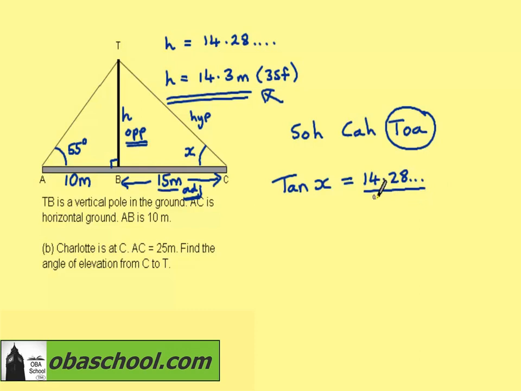Divided by the adjacent, which we know is 15. So x is going to be the inverse tan, remember that's shift tan on the calculator, of the 14.28 and so on, divided by 15.